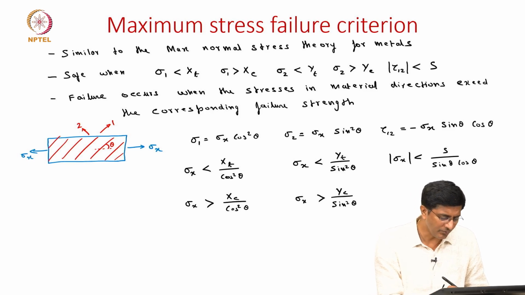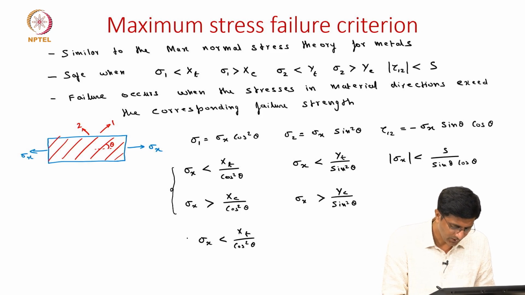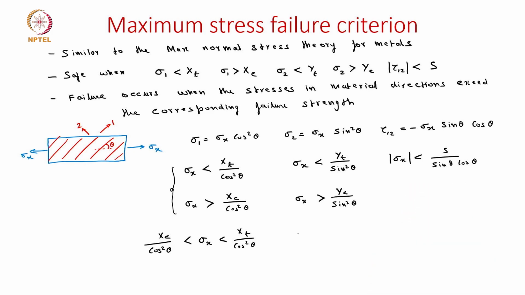We can combine these two equations into one and say that sigma x should be less than Xt by cos square theta, and greater than Xc by cos square theta. Similarly, I can combine the next two equations to say that Yc by sine square theta should be less than sigma x, which should be less than Yt by sine square theta. And the last one, there is no change.